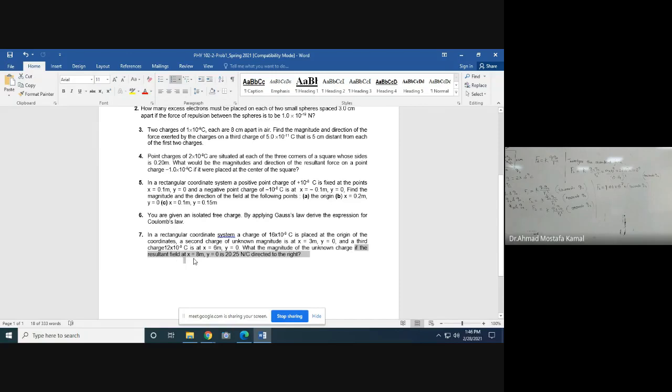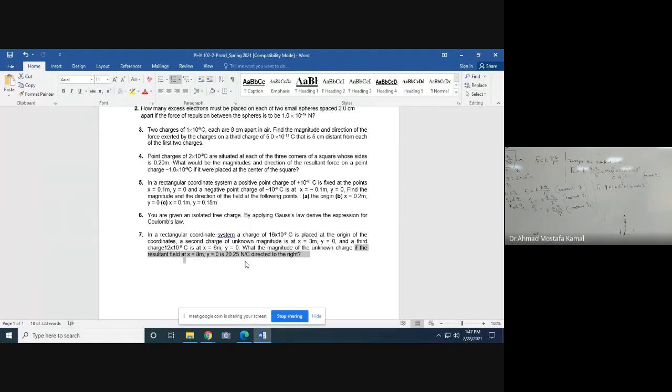If the resultant field at x equal to 8, y equal to 0 is this. So x equal to 8, y equal to 0, show this point, and here E is calculated, write E equal to 20.25 Newton per coulomb, directed to the right, that means show the right direction with an arrow head.